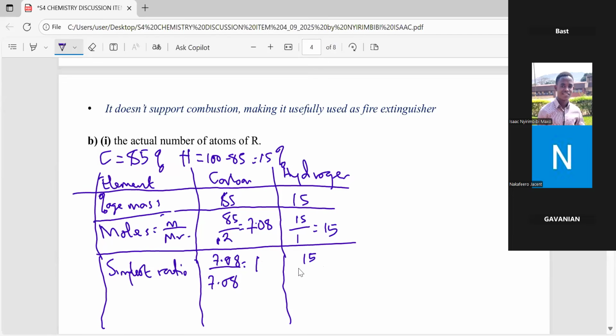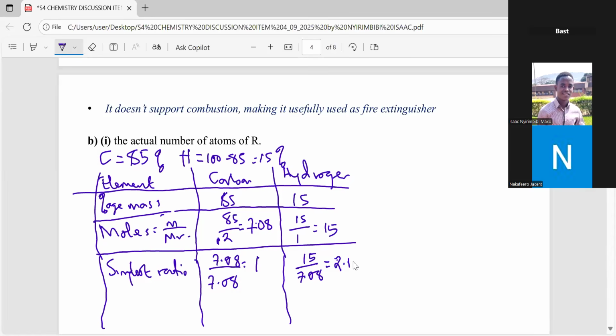Then 15 divided by 7.08, we shall get 2 point what? Tell me the answer. 2.1. So this is approximately 2.